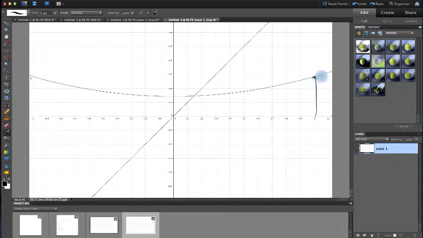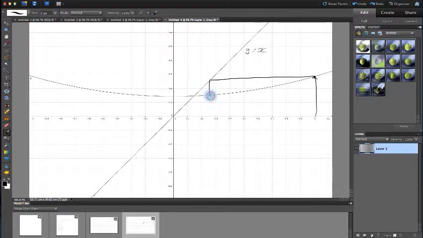Now, this output value is going to become the input. An easy way to see this graphically is because this line here is actually y equals x, as you remember from before. So to map this output onto the input, you can go directly horizontally across until we hit that straight line of y equals x, and then go either up or down until we hit back to our equation.